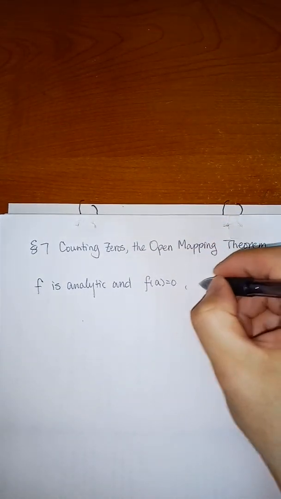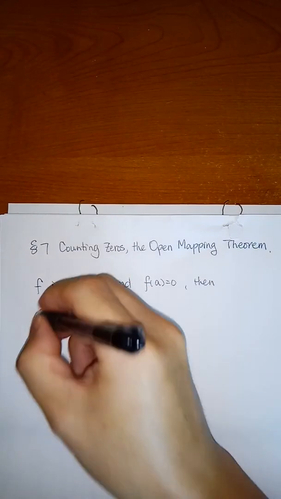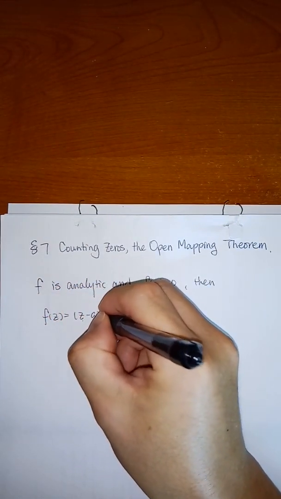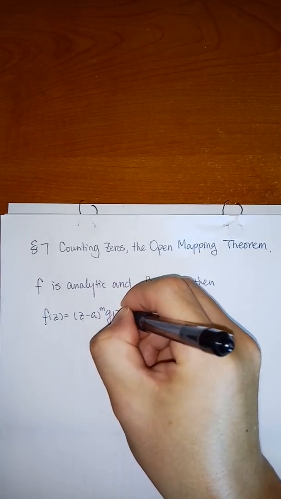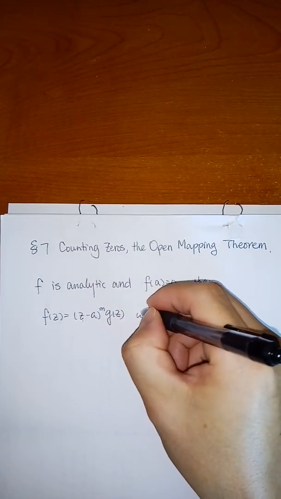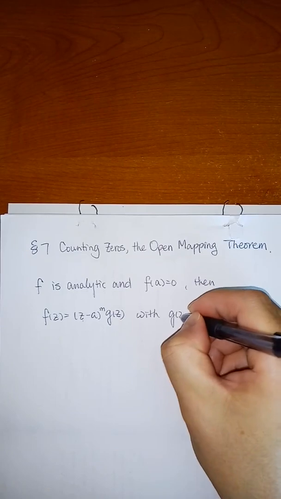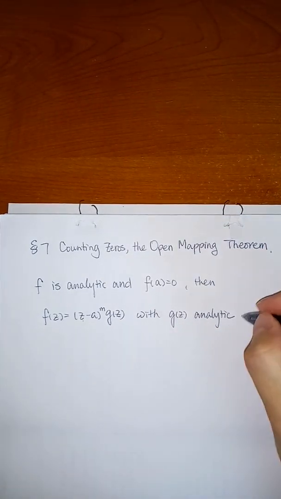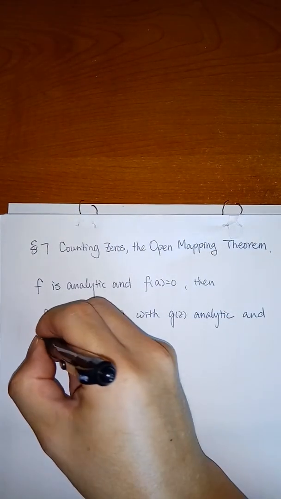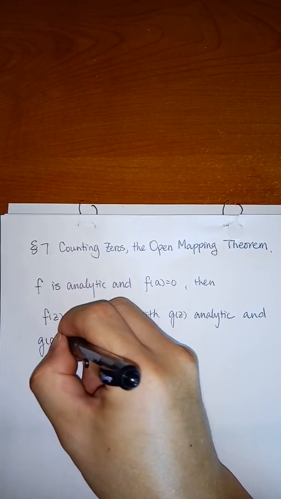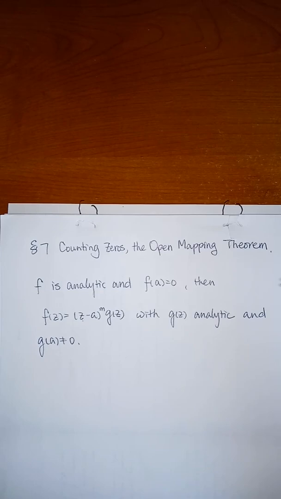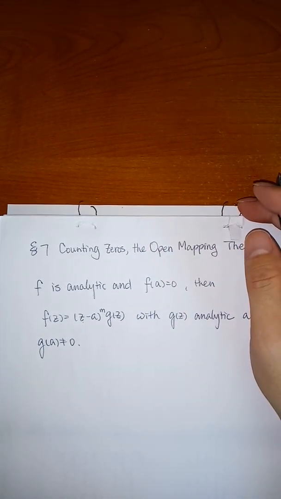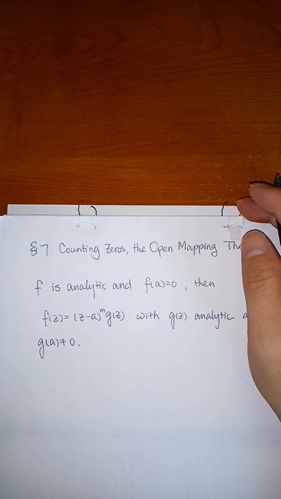Then f of z can be written as z minus a to the mth power times g of z, with g of z analytic and g of a not equal to 0. Here m is called the multiplicity of this zero a.